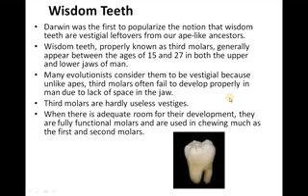Many evolutionists consider them vestigial because, unlike in apes, third molars often fail to develop properly in man due to a lack of space in the jaw. When there is adequate room for their development, they are fully functional molars used for chewing, much as the first and second molars are.